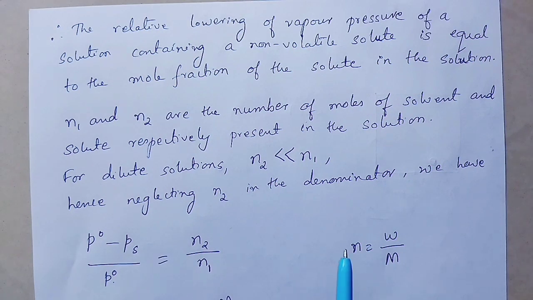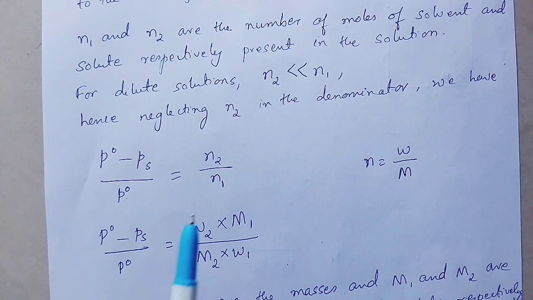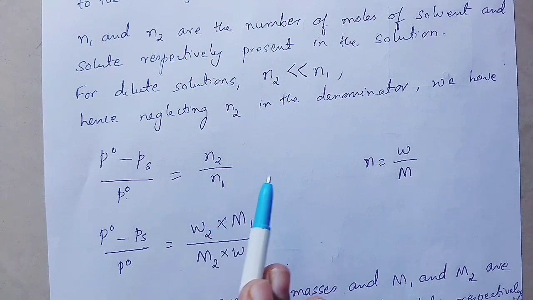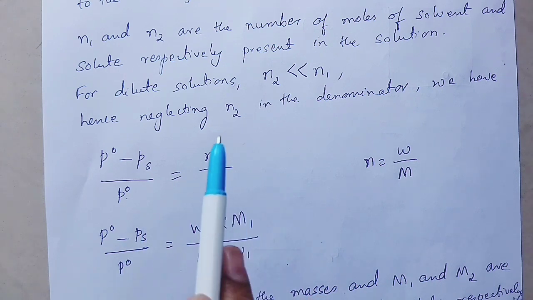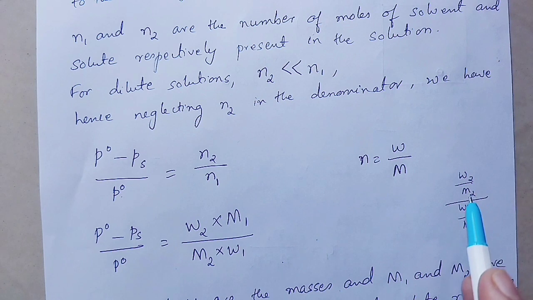We know that number of moles N of a substance is equal to weight of that substance divided by its molecular weight. So N is equal to W by M. Therefore, here N2 would be W2 by M2 and N1 would be W1 by M1. So we have to substitute those values here. We get P0 minus Ps by P0 is equal to W2 by M2 divided by W1 by M1.